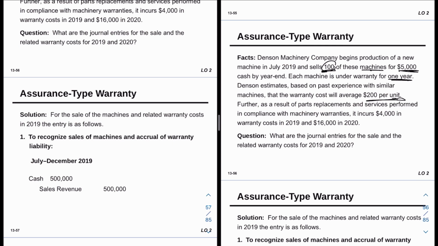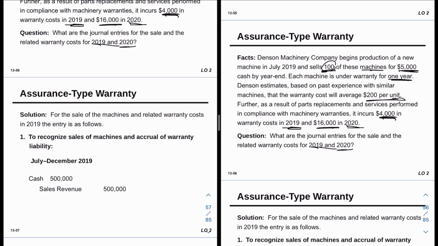Further, as a result of part replacement and services performed in compliance with the machinery warranties, it incurs 4,000 in warranty costs in 2019. So they spent 4,000 in 2019, and in 2020 they spent 16,000. Okay. So now, what are the journal entries for 2019 and 2020?